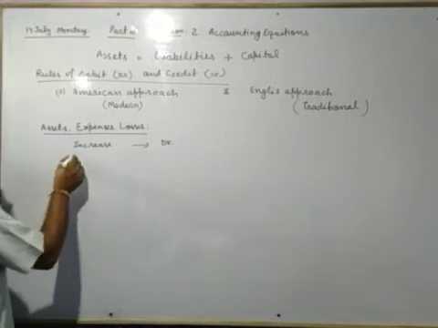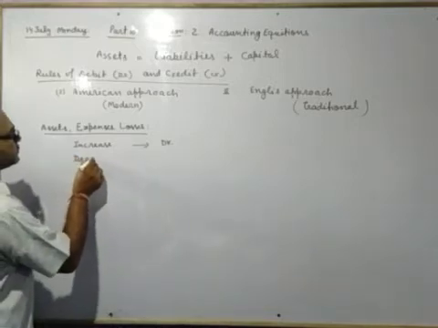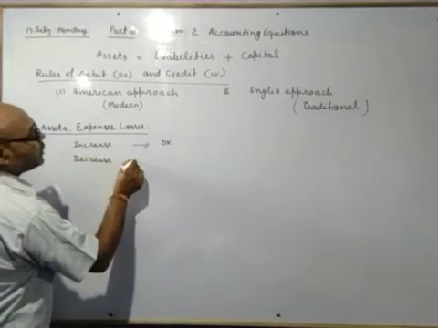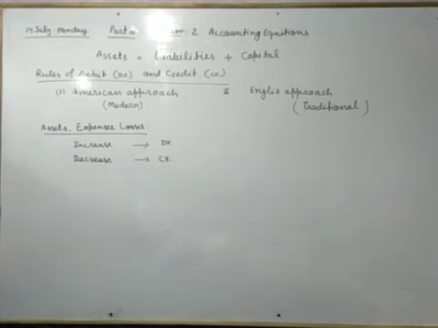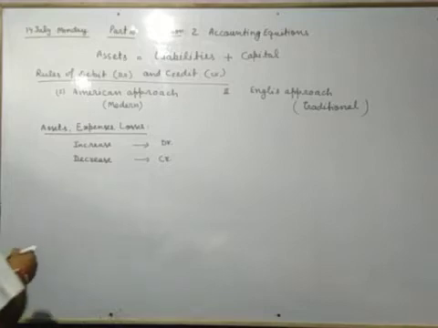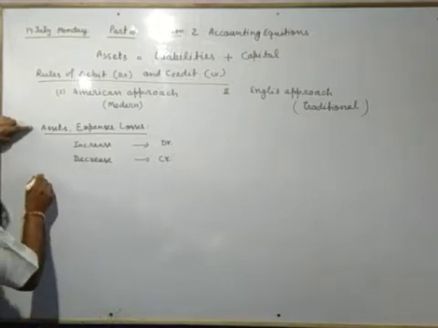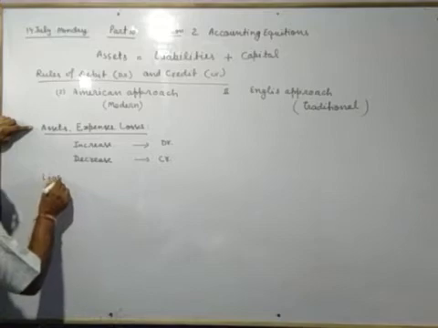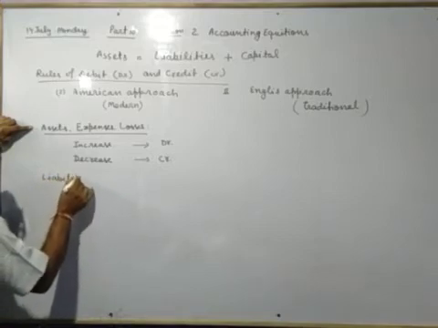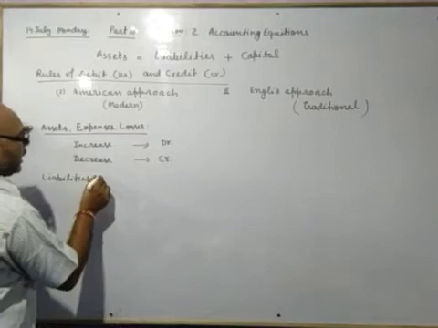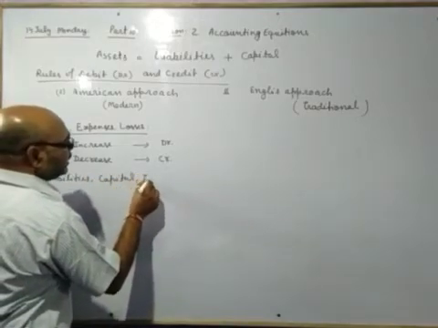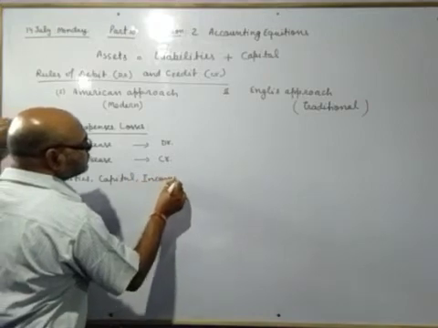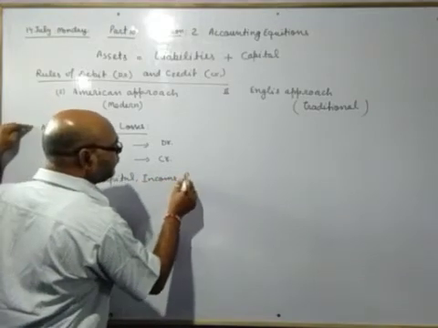Or if there is a decrease, you will denote it by credit. Second are liabilities, capital, income, and profit.